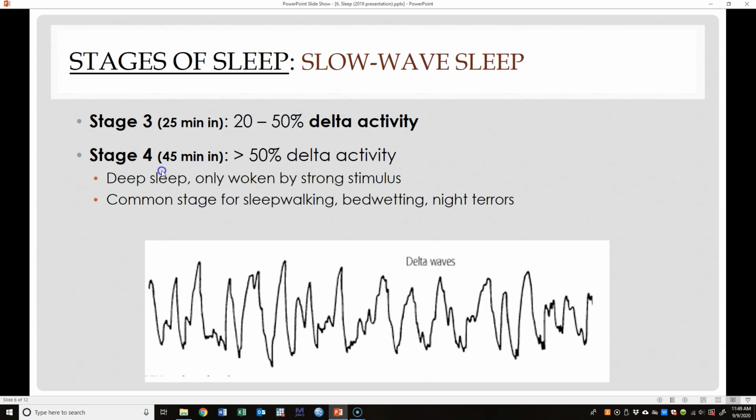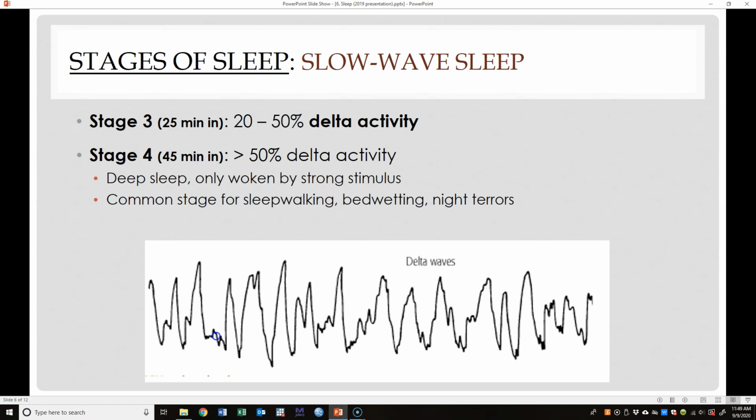When we get into stage 4 sleep, a deeper slow wave sleep, over 50%, over half of your EEG, is marked by this delta activity. These are the big, slow, high amplitude delta waves.